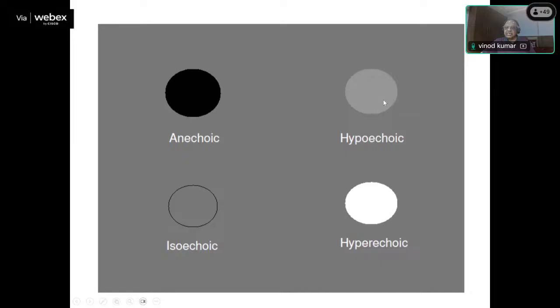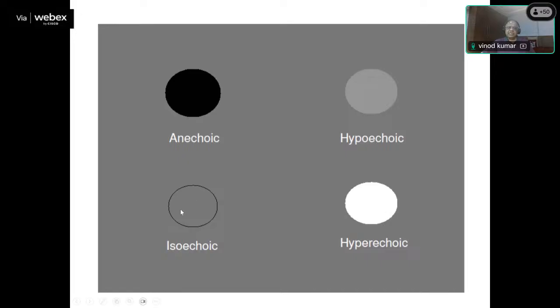Hypoechoic means it will be less black, more on the bright side compared to a cyst, but as compared to the surroundings, it will be more black.